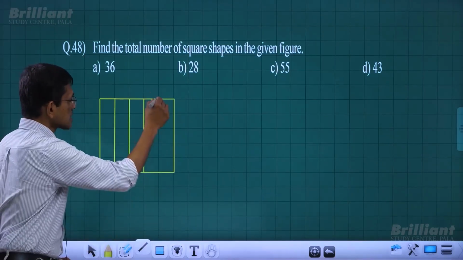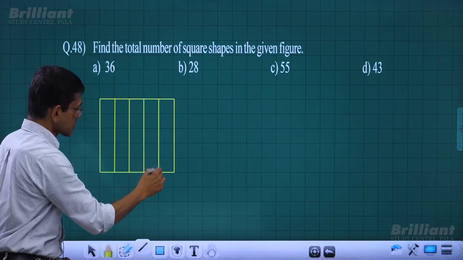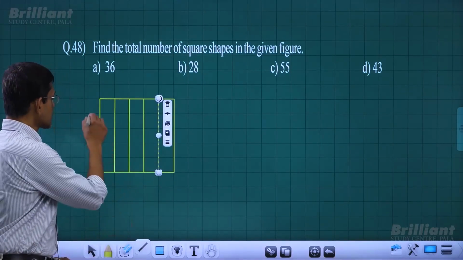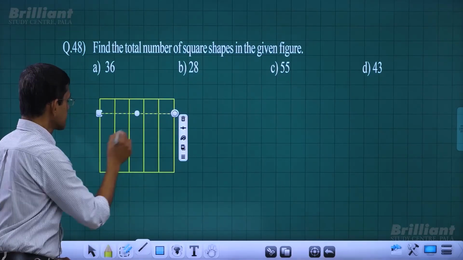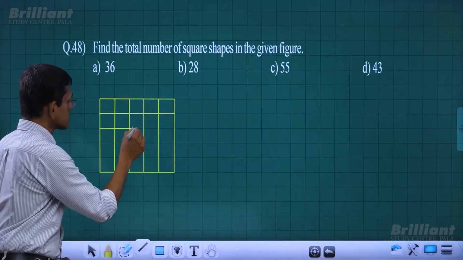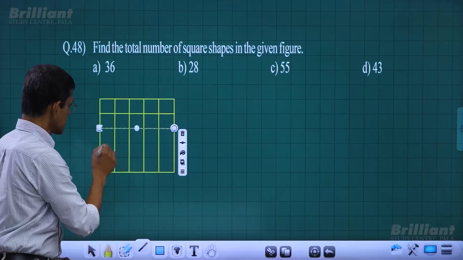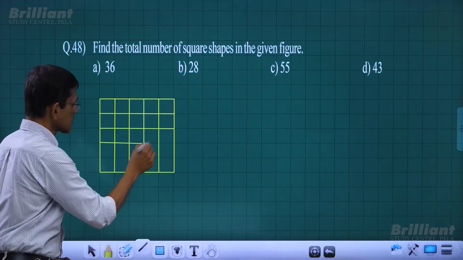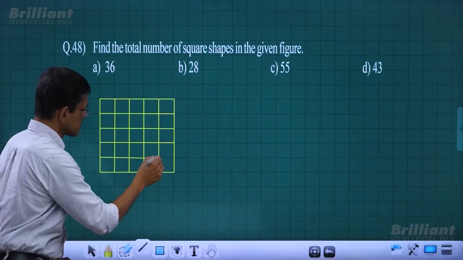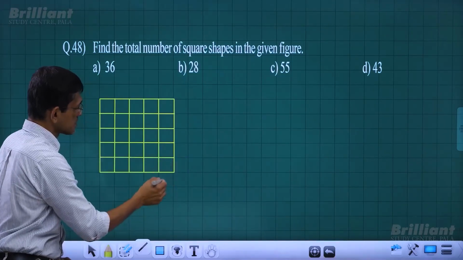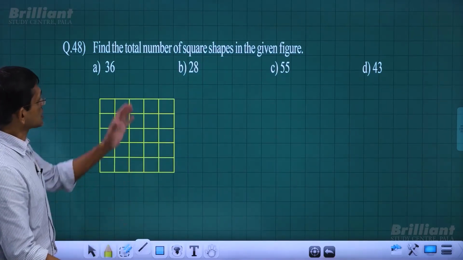We partition that into a number of smaller squares. So look at what's going on here. So this is the figure.